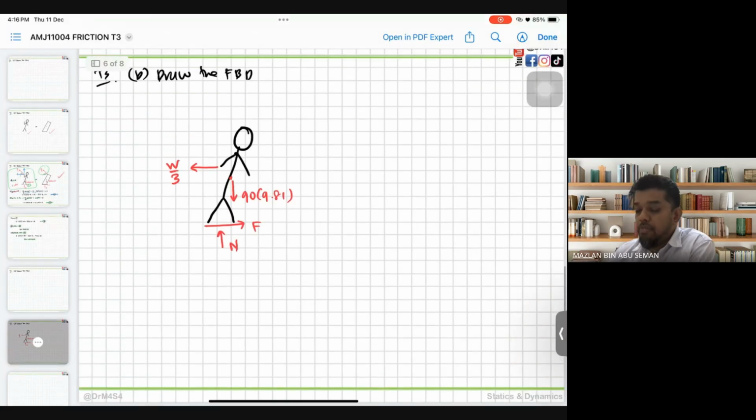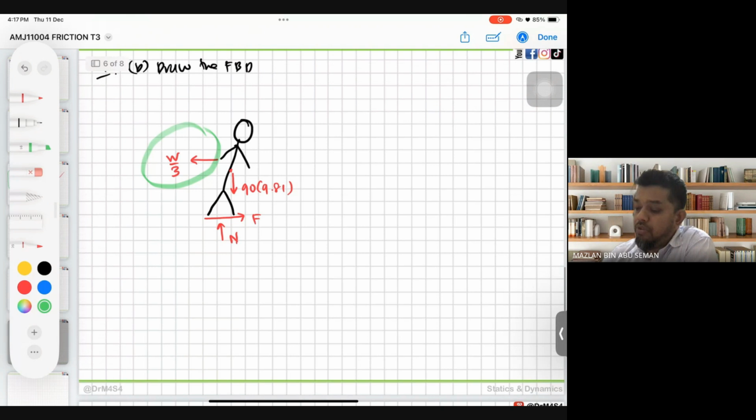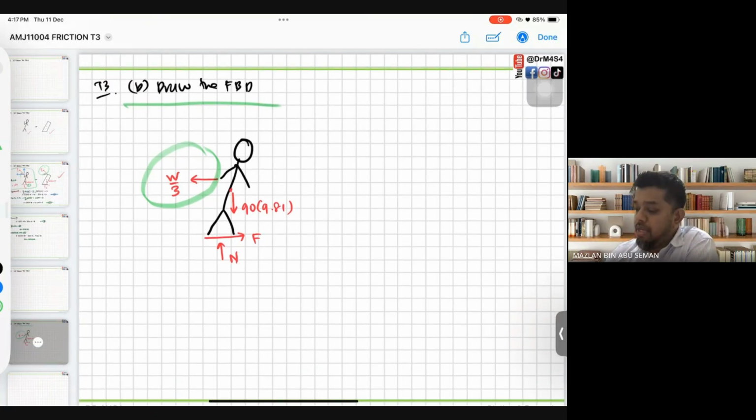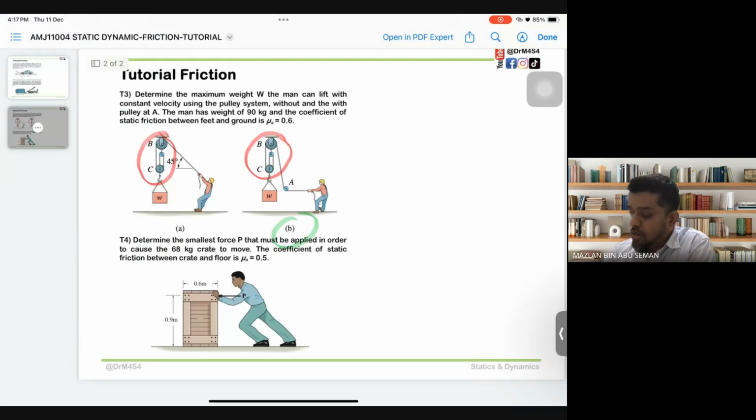So for this case, the W divided by 3 changes here. Okay. So when you draw the FBD, make sure you draw correctly. All right, I just draw the FBD for you, so you can try to solve part B yourself. Okay. Next, we go to the last one.